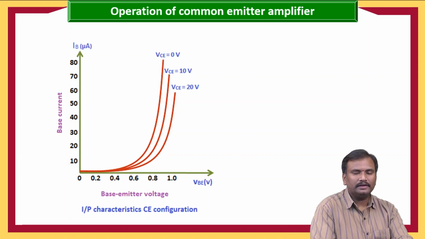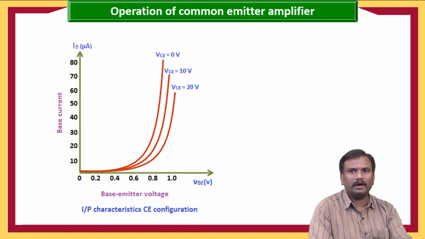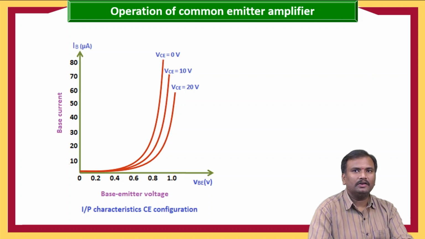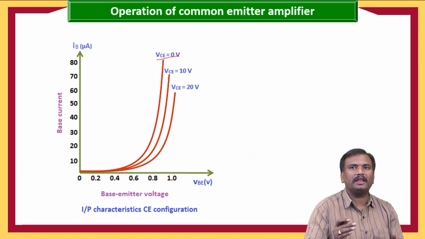Here this is our base to emitter voltage and this is our base current. Let us consider the VCE value as 0. With VCE as 0, the base to emitter junction will be forward biased after the cut-in value, and after the cut-in value the conduction will take place.